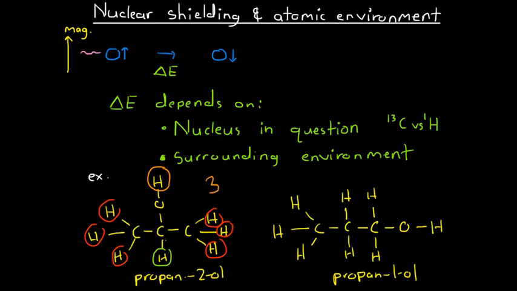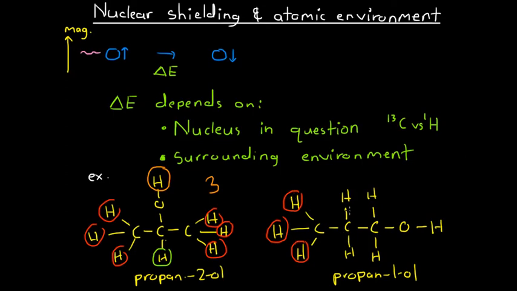Now, if we look over at propan-1-ol, this is not a symmetric molecule, not left to right anyway. We can say that these three hydrogens are all in the same environment, and there are no other hydrogens in the same environment because these are all bonded to the only carbon that has three hydrogens.